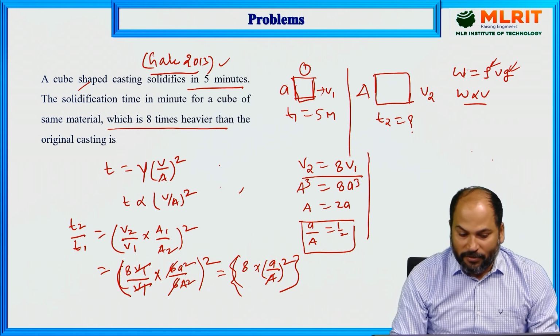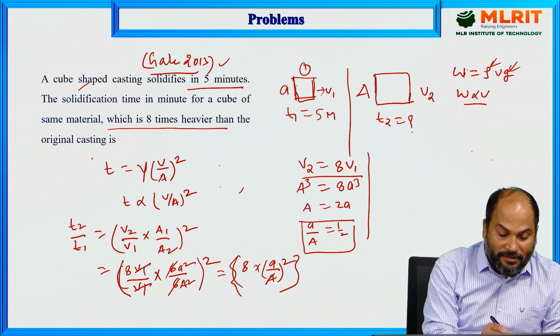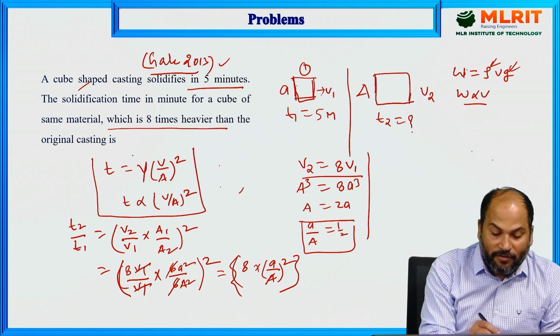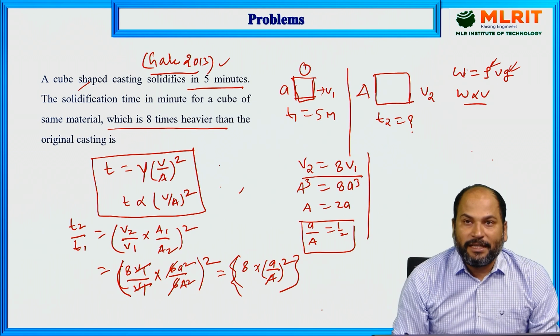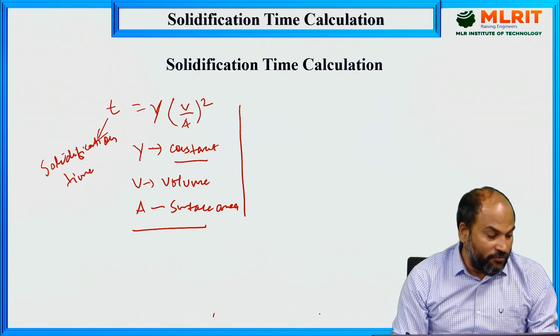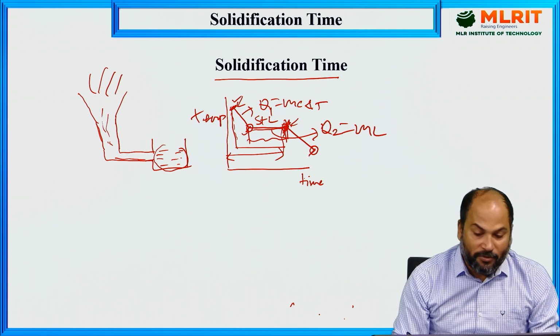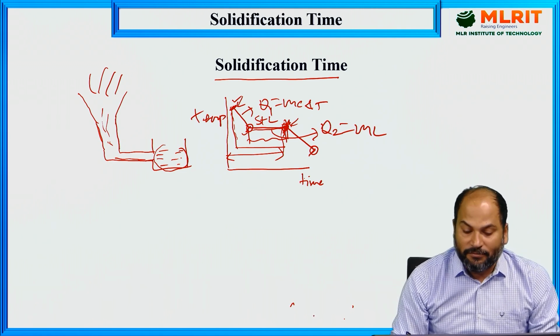In this problem, we saw how we can use this solidification time formula to find out how much time a casting will take during its solidification. This numerical was a great problem. Also we saw the meaning of solidification time through this diagram.